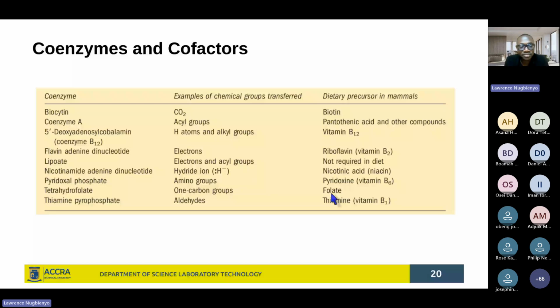Folic acid is involved in a lot of cell proliferation reactions. It's required in development of the fetus, which is why folic acid is prescribed a lot for pregnant women, because it's involved in the development of the central nervous system, particularly the brain of the fetus that is growing in the uterus of pregnant women.